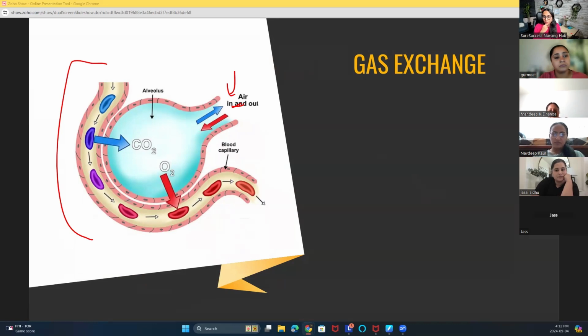Gas exchange occurs when we inhale, so the oxygen comes in, and when we exhale, the carbon dioxide goes out, and it is mixing with the capillaries of the blood.